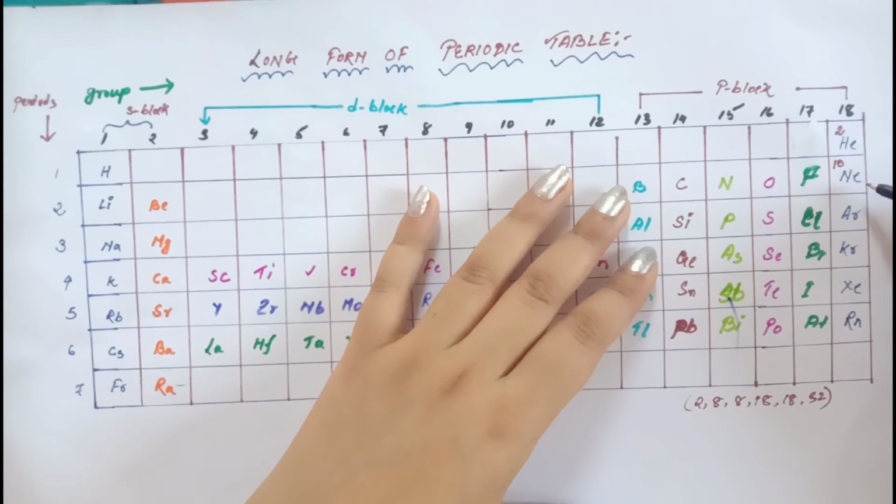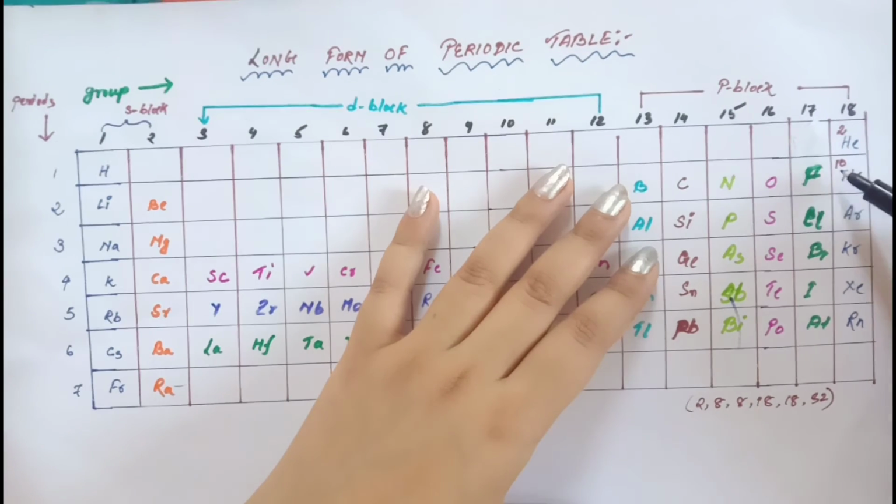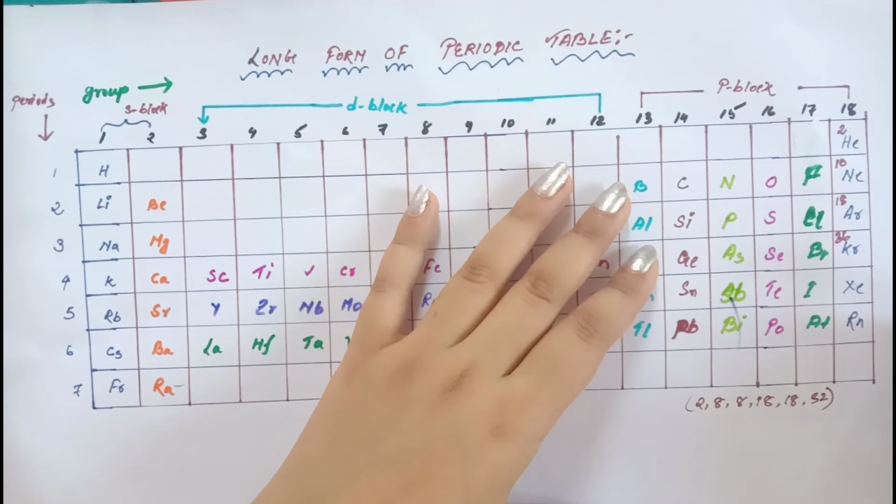So atomic number of neon is 10. Then 10 plus 8 is 18. Atomic number of argon is 18. Then 18 plus 18, that is 36. So atomic number of krypton is 36.